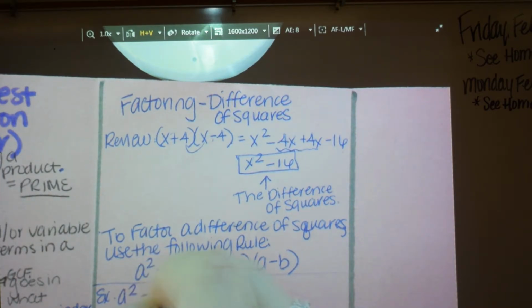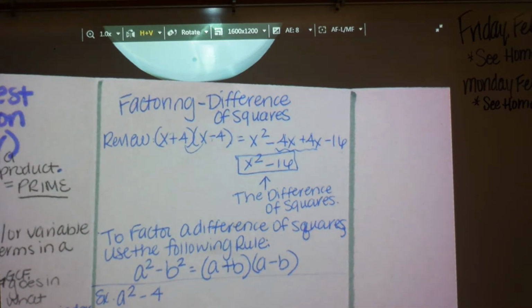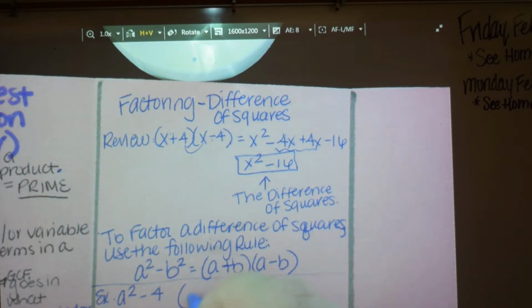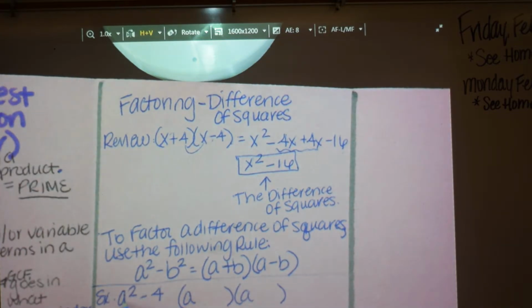a squared minus 4. We need to work backwards and figure out the difference of squares. We're going to factor the following difference of squares. If we have a, we know we have 2 a's we're working with, based on this a being squared.